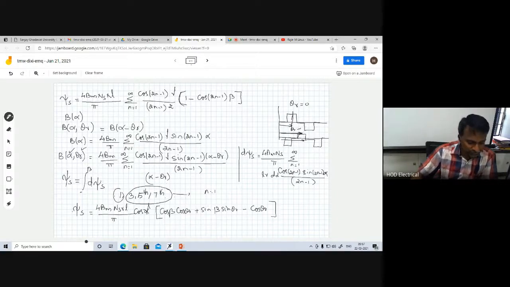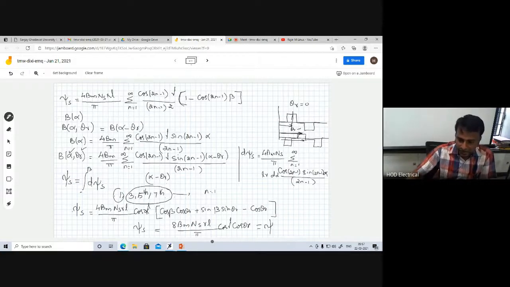So from this, using the cos A cos B derivations, we end up with 8 Bm Ns R L divided by pi into cos gamma into cos theta, so that we can write it as the magnetic flux psi m cap into cos theta.